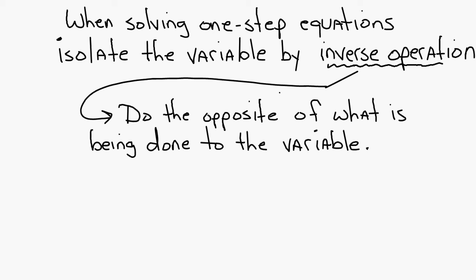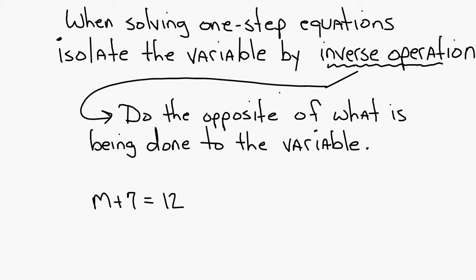So if the problem looks like m plus 7 is equal to 12, and you're asked to solve for m, that means to get m by itself on one side of the equal sign. What's being done to the variable here? Well, right, in this case, they're adding 7 to the m, right?